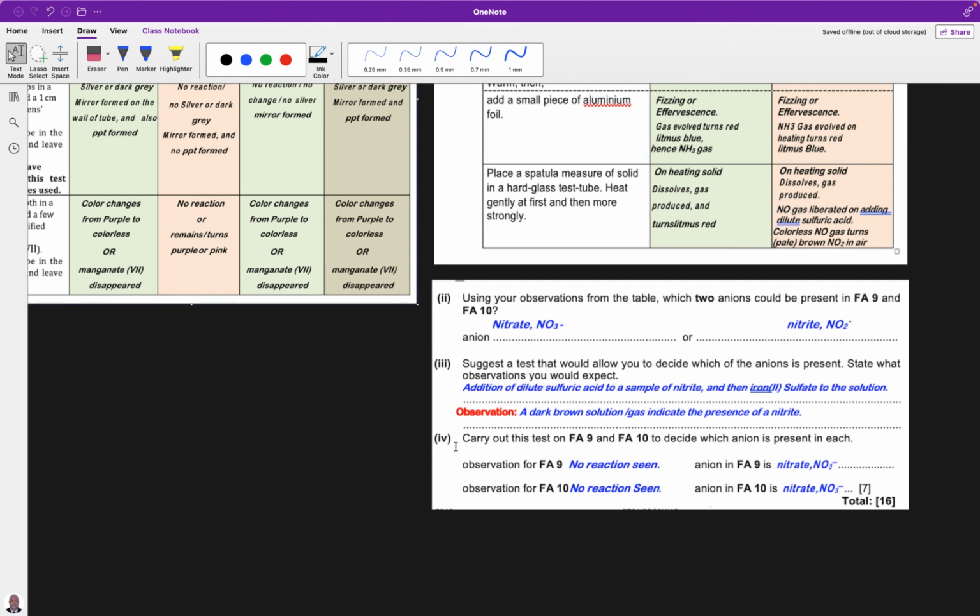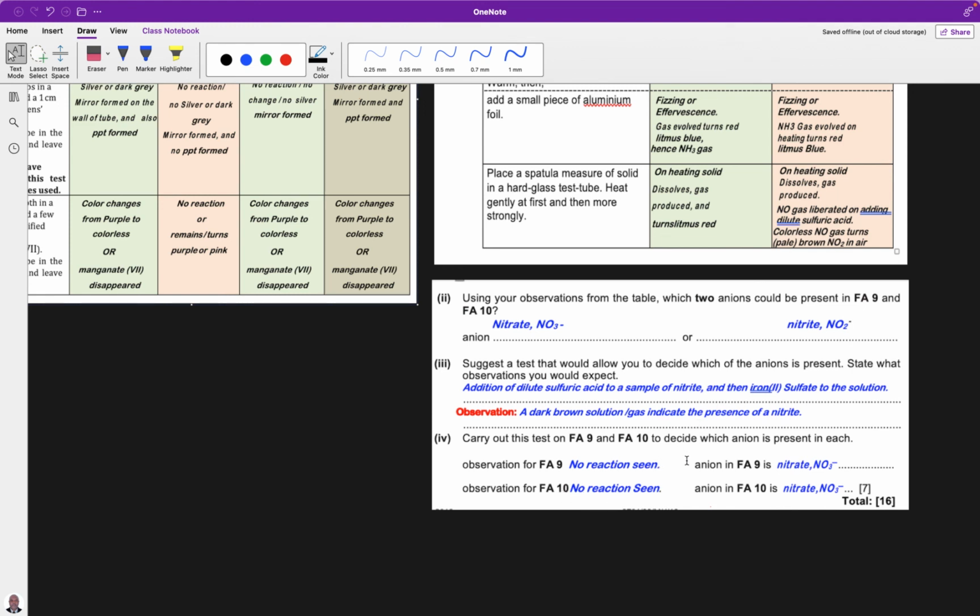Question number 4, which is the last section: carry out this test on Fa9 and Fa10. I carried out the same test. I observed that on Fa9 there was no reaction, and on Fa10 there was no reaction seen.